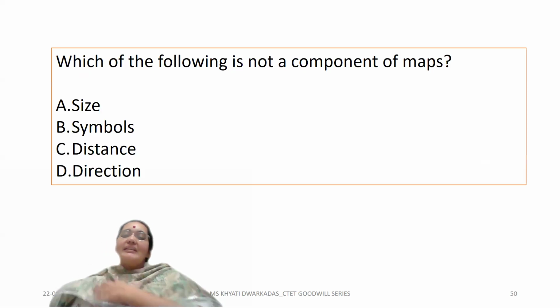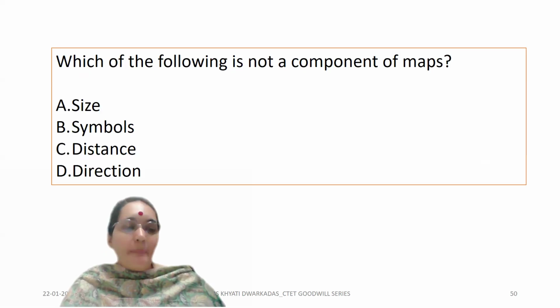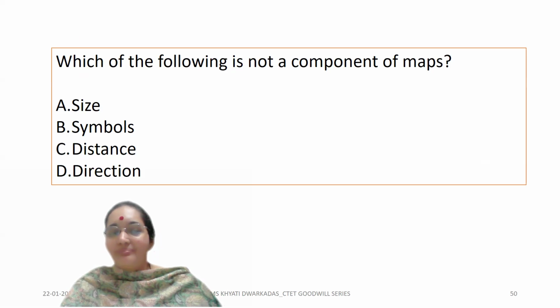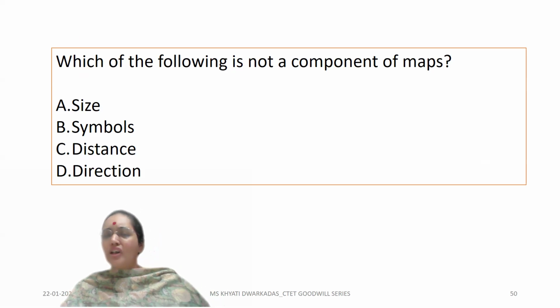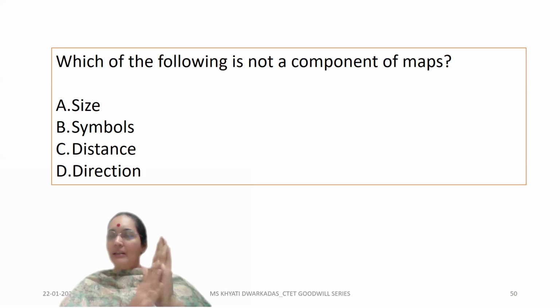Which of the following is not a component of map? Size, symbol, distance, direction. And now I can see everybody moving towards similar answers. Come on, catch up. Beautiful. Brilliant.